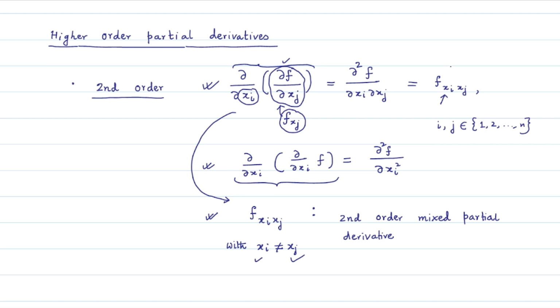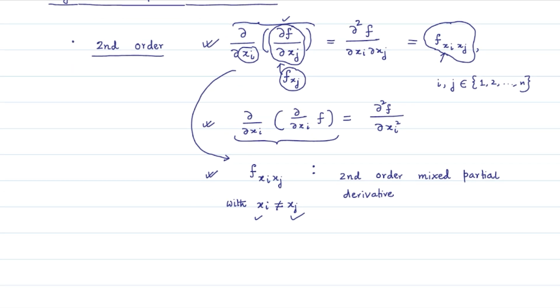Now taking partial derivatives of these second order partial derivative functions, we will get third order partial derivatives of the function f, and to calculate fourth order partial derivatives of the function f, you consider four variables of the function and then keep taking partial derivatives with respect to the four variables one after another. And for fifth order partial derivatives, you choose five variables and so on.